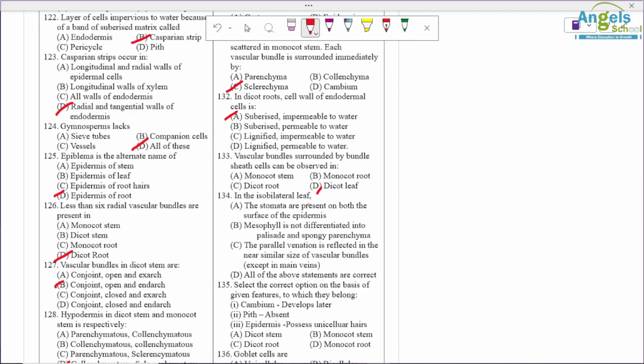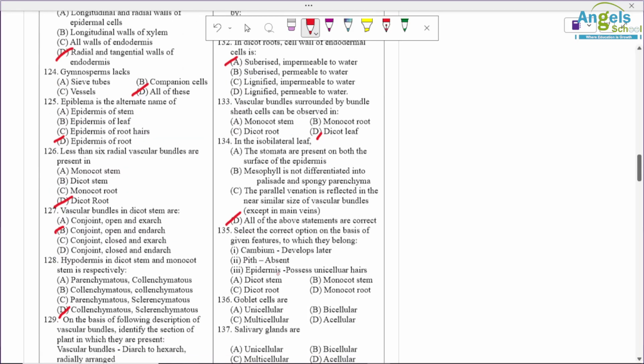In isobilateral leaf, stomata are present the same on both surfaces. Number is also the same. Mesophyll is not differentiated into palisade and spongy, again true. Parallel venation is reflected in the near similar size of vascular bundle. So all of these statements are correct.